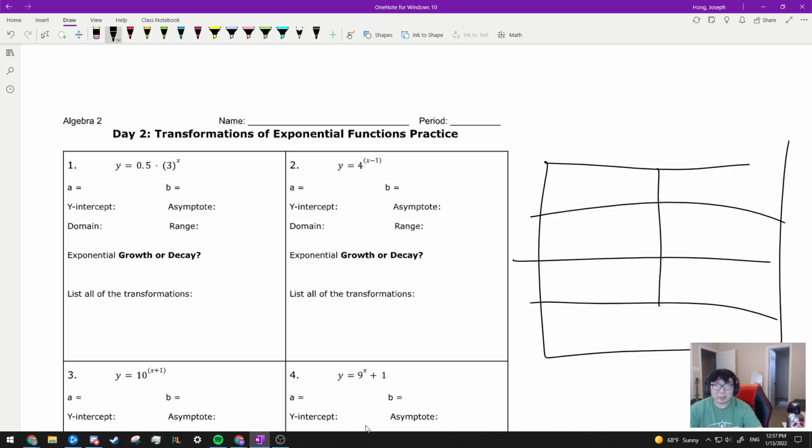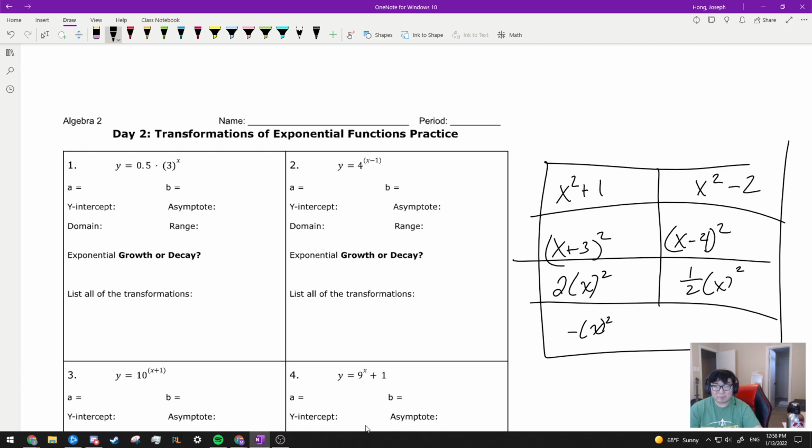Where you have, for example, x squared plus 1, x squared minus 2, x minus 3, x plus 3 squared, x minus 4 squared. Then we have 2 times x squared and 1/2 x squared, and the last one, negative x.